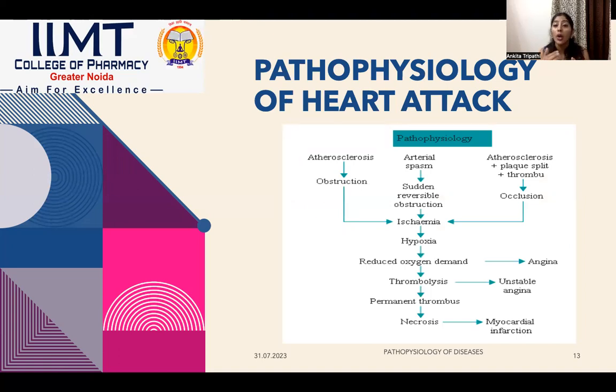When this occurs and it forms a clot, a permanent thrombus or permanent clot on the artery wall, the area where the blood flow is decreased undergoes thrombosis and leads to necrosis. Ultimately, when the heart can't get enough oxygen and enough blood to pump, it gets stunted. So we get a stroke of the heart, which is known as heart attack.